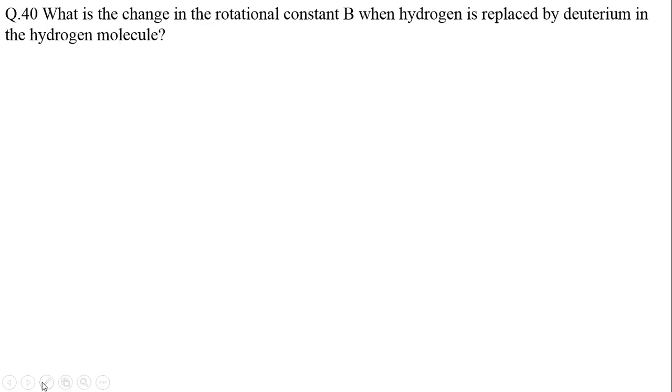We have to find the change in rotational constant B when hydrogen is replaced by deuterium in the hydrogen molecule.